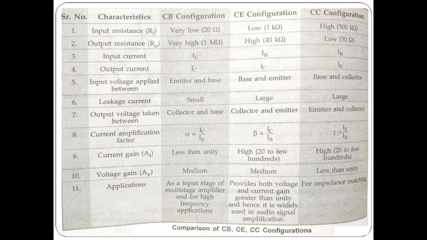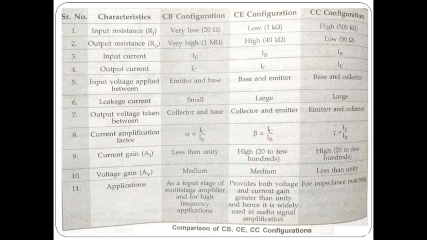Next, we'll discuss the comparison between the common base, common emitter, and common collector configurations. So input resistance in the common base is very low, the common collector is very high, and common emitter offers a moderate value. And output resistance, the common base offers very high resistance, the common collector offers low, and the common emitter offers high or moderate value.